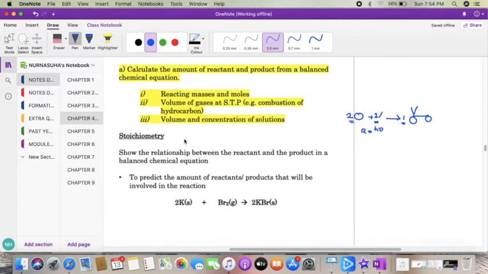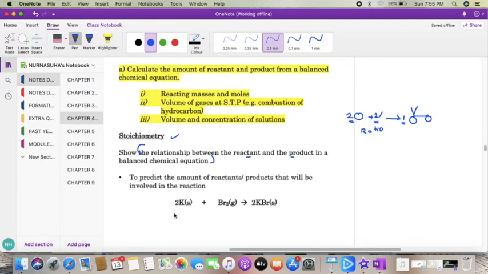Okay, now let us focus on stoichiometry. So stoichiometry is the relationship between reactant and product in a balanced chemical equation. Dalam bahasa mudahnya, hubungan antara reactant dengan produk. Pentingnya stoichiometry ni supaya kita boleh predict the amounts of reactants ataupun products yang akan terlibat dalam reaction.